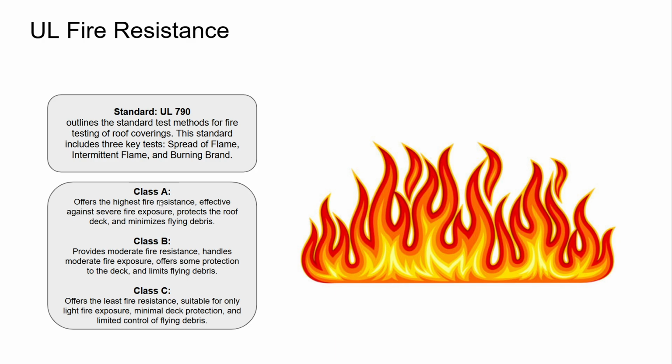Okay, and mostly any asphalt shingle will be class A, and most planning authorities in the last, say, 40 to 50 years have required class A. But some places allow class B, and very few allow class C. Okay, so that's fire resistance.